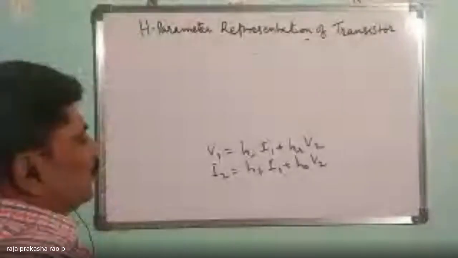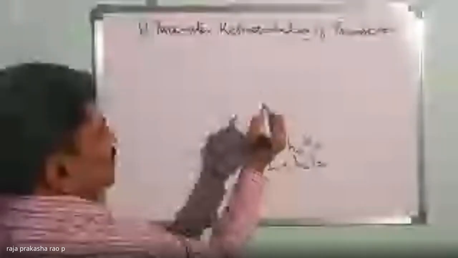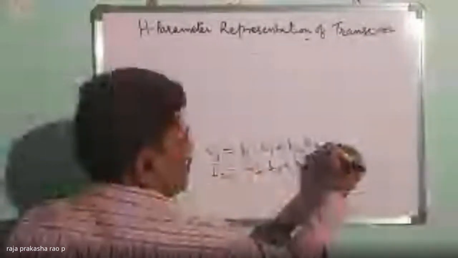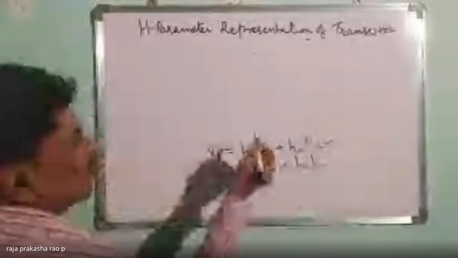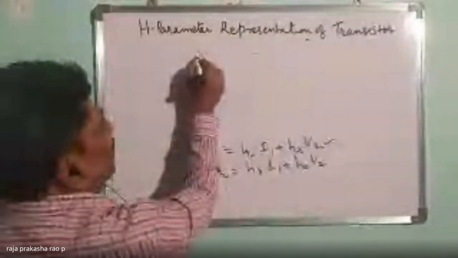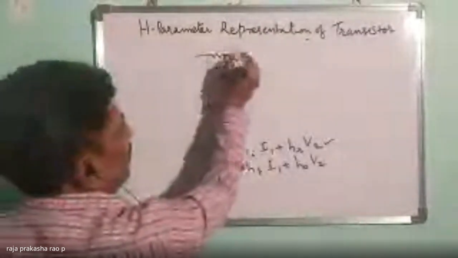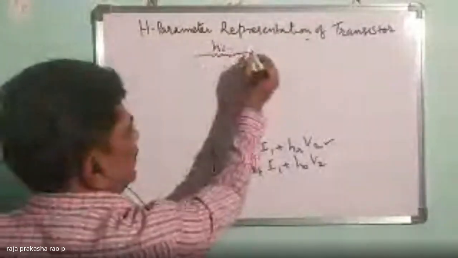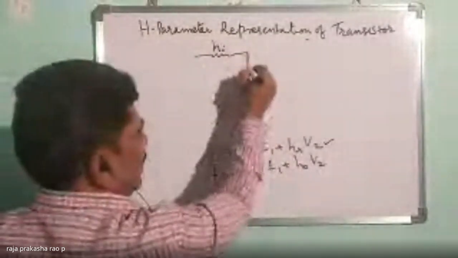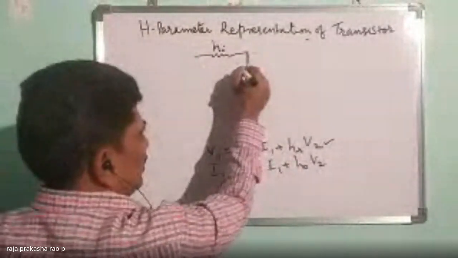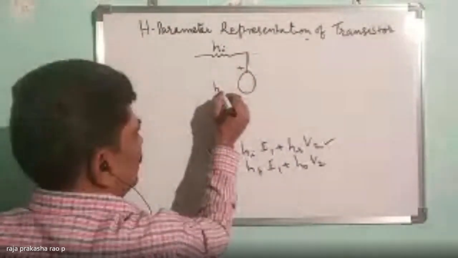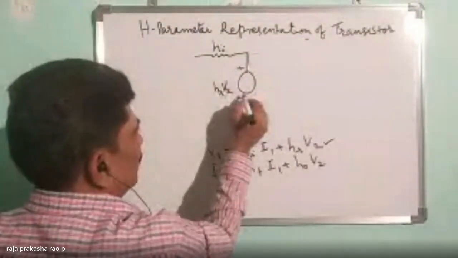So the input voltage is V1, and let us write this equation in circuit form now. A voltage generator, that is hrV2.